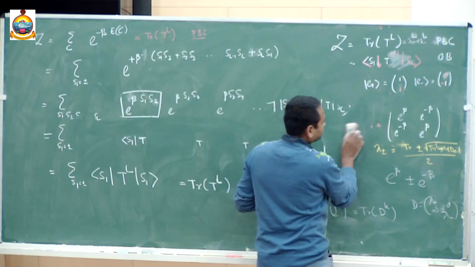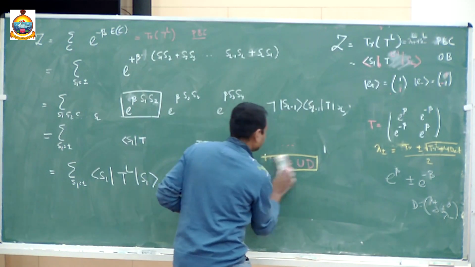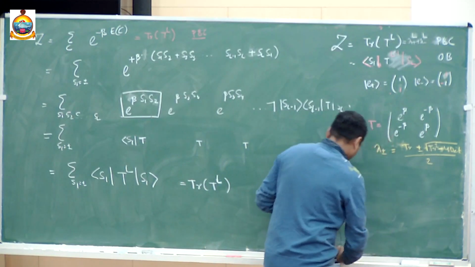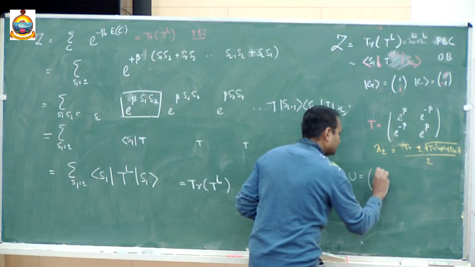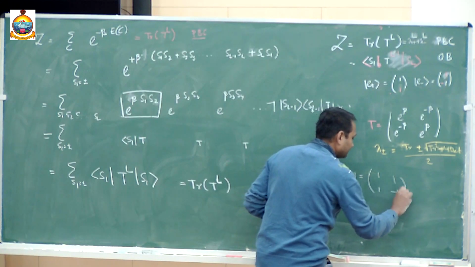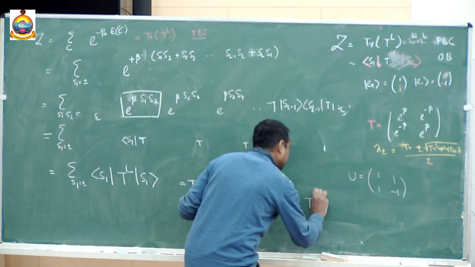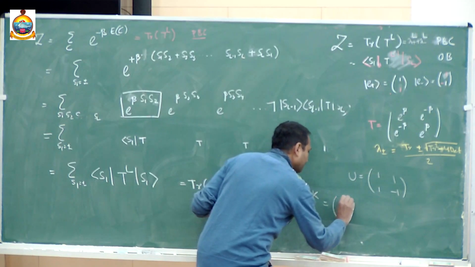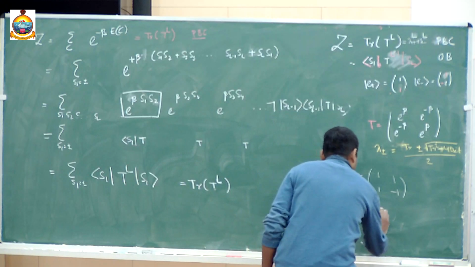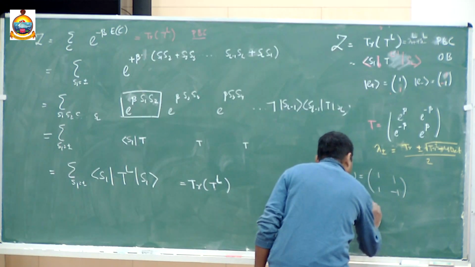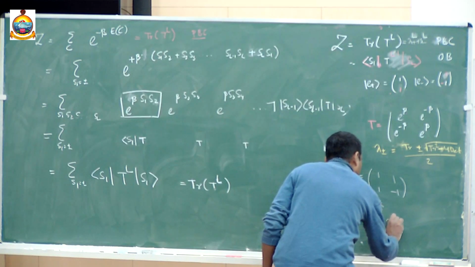So now what is U? T equal to that. Once I know the eigenvectors, I write U equal to just 1 1, 1 minus 1. That's my U. Now T to the power k for any general k is 1 1, 1 minus 1, that is U, and then you have lambda plus to the power k, lambda minus to the power k, 0 0.